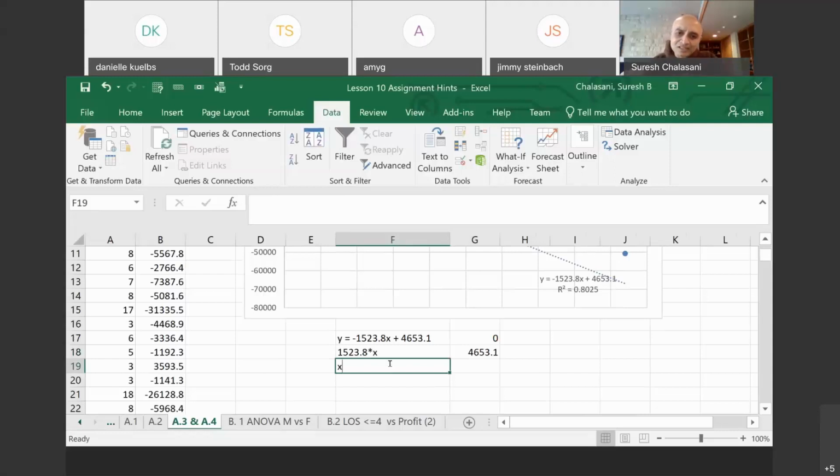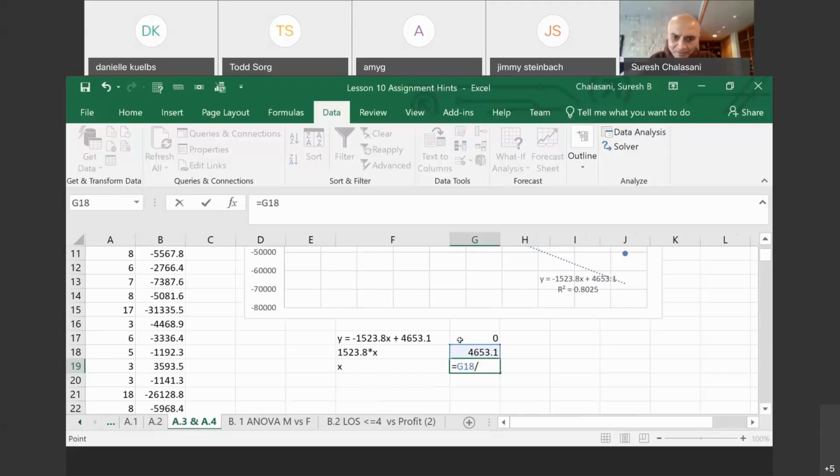So x equals this divided by 1523.8. In my case, with this limited set of data, I'm finding that when the length of stay is equal to 3.05, approximately 3 days, that's when I break even, right? So my profit is 0.